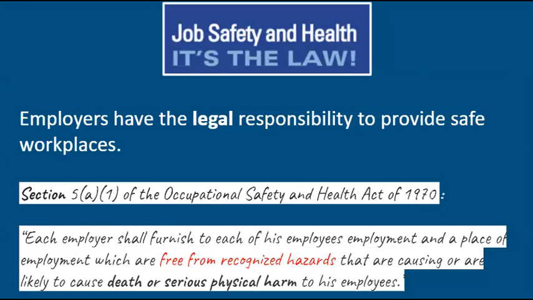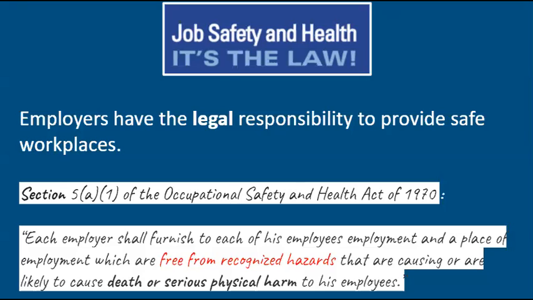So here on the screen, we have Section 5A of the Occupational Health and Safety Act, which says basically that all employers have to provide a work environment that's free from recognized hazards that are going to cause death or physical harm to their employees, right?